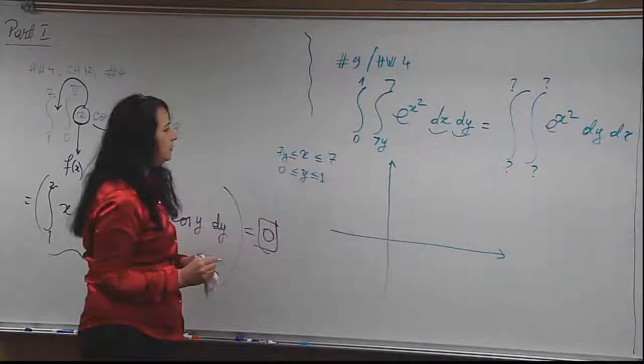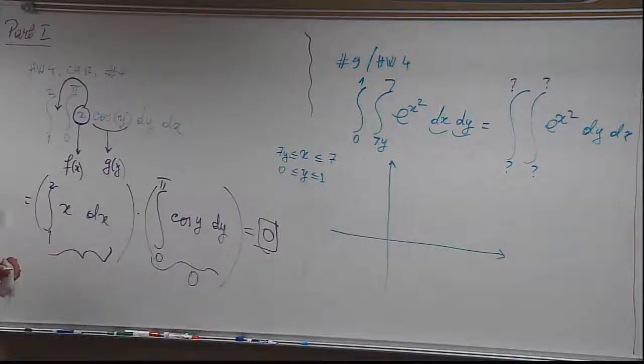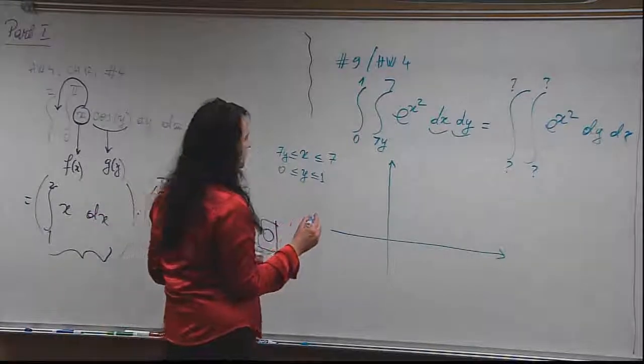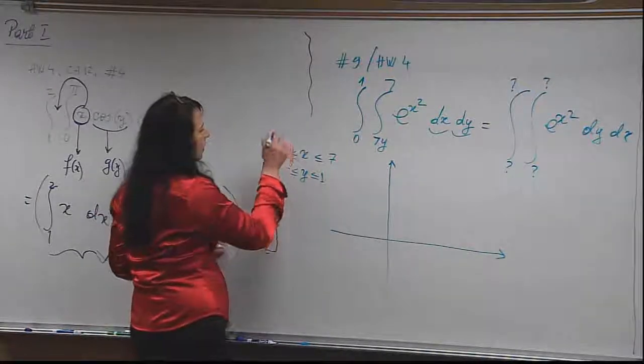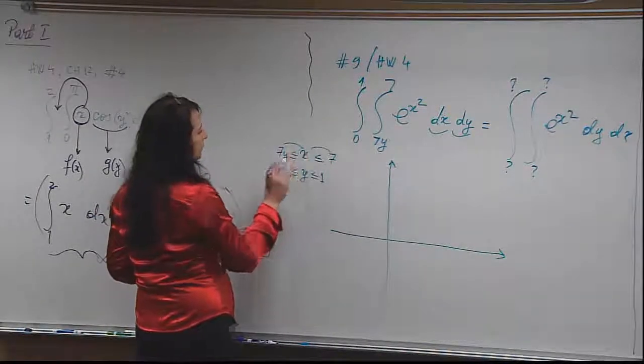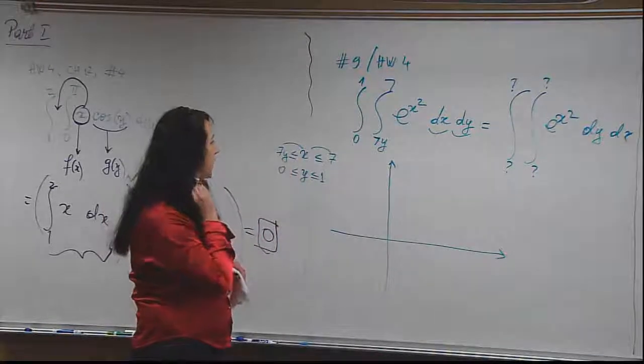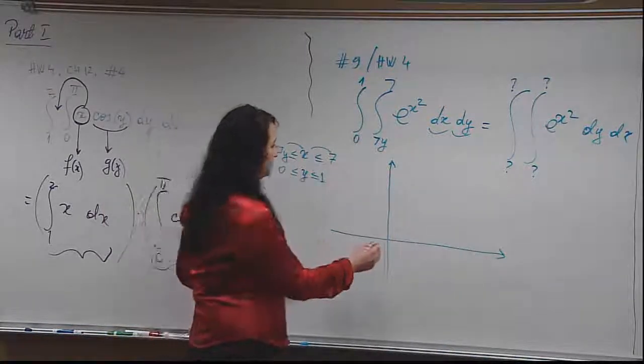So do they give you a horizontal strip or vertical strip domain? Horizontal. Very good. What is this function and that function? So x equals 7 would be what? x equals 7 would be far away.